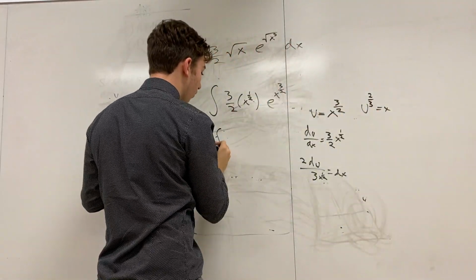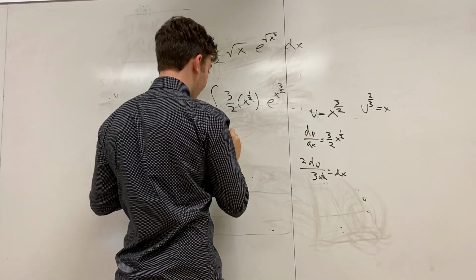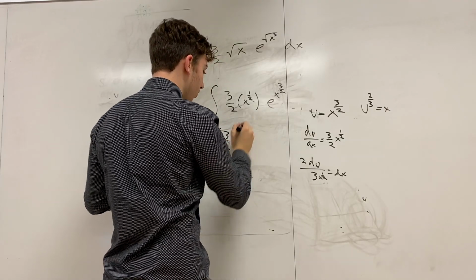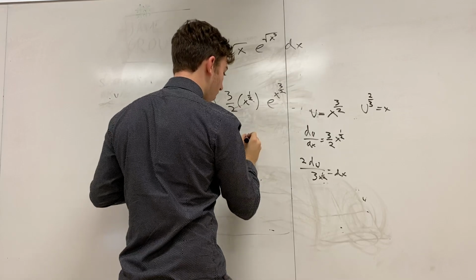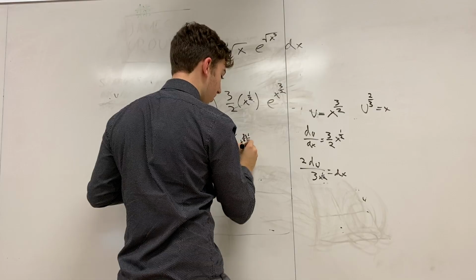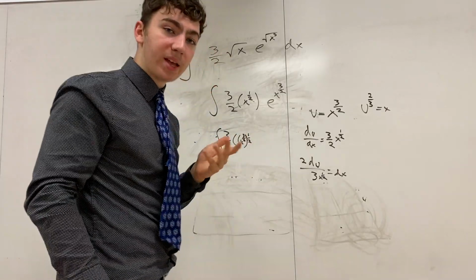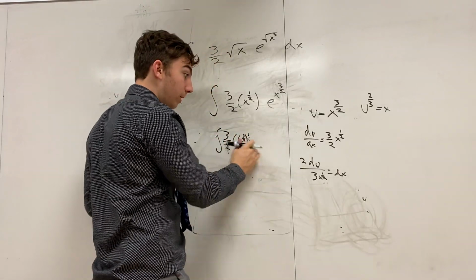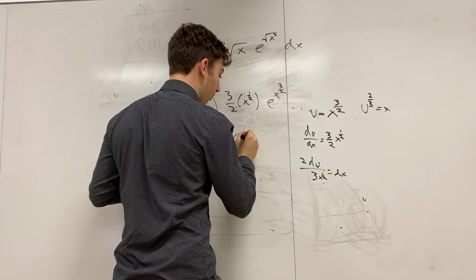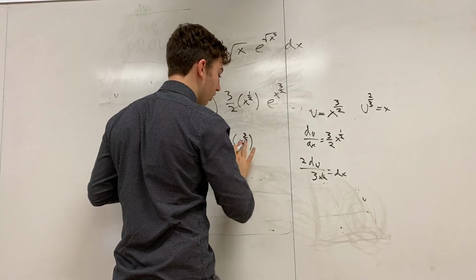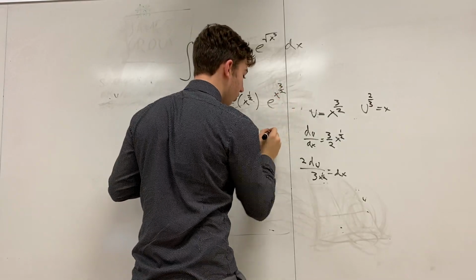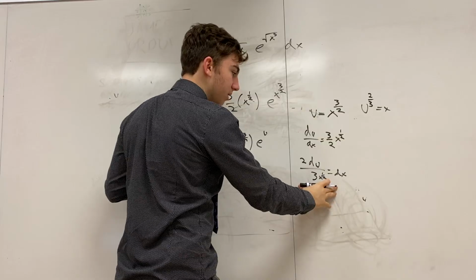We're going to say the integral of 3 over 2, then we're going to have x to the power of 1/2 and then x to the power of 3 over 2. And because of the indices laws, we know we can multiply that in. So that's going to end up being x to the power of 3 over 4, u to the power of 3 over 4. And then we're going to have e to the u, and then we just need to plug in the dx.